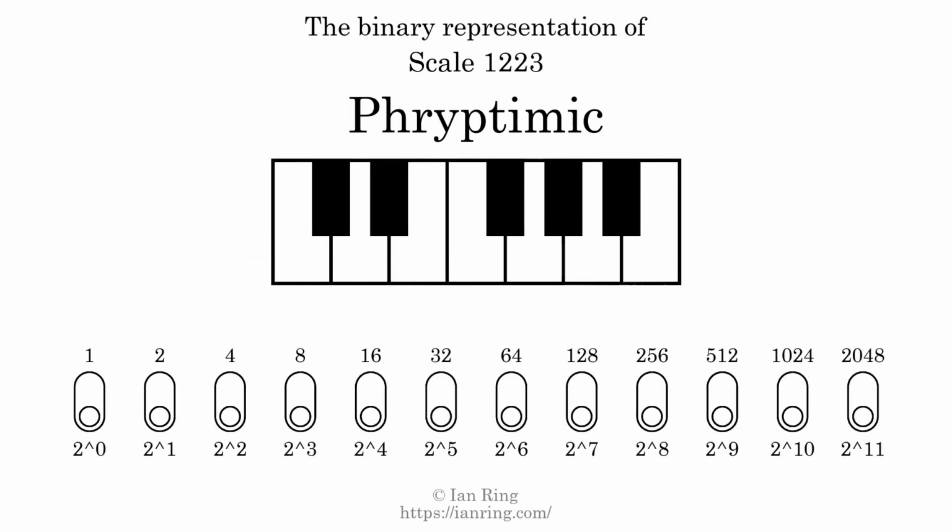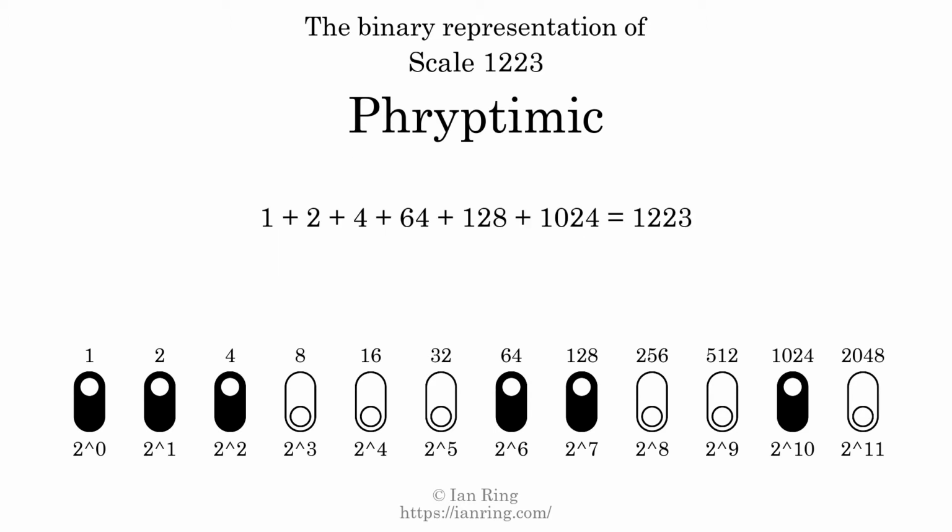The binary representation of this scale is determined by mapping tones of the scale to binary digits. Each binary digit represents a power of 2. To get the scale number, we add the powers of 2 together. The powers of 2 that are present in the scale, all added together, equals 1223.